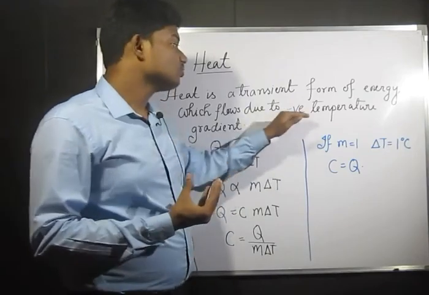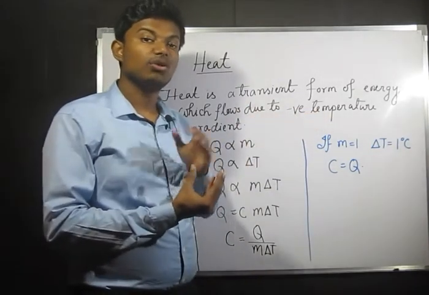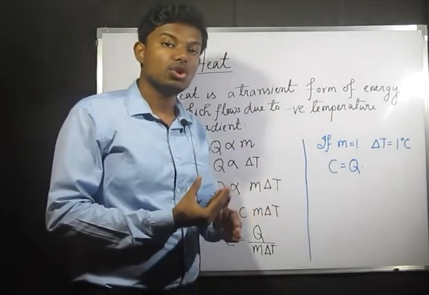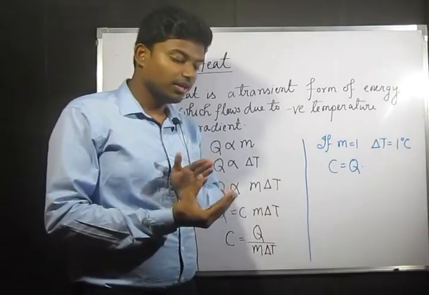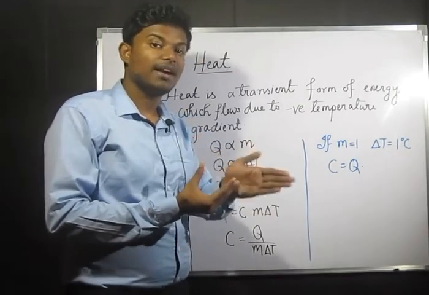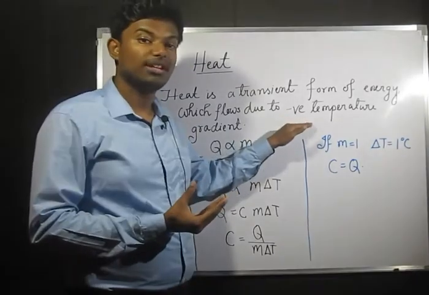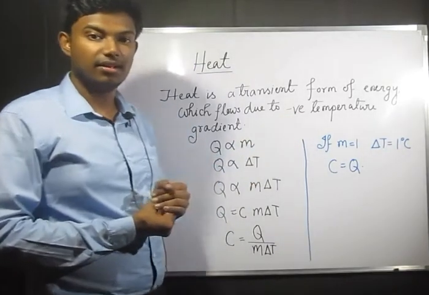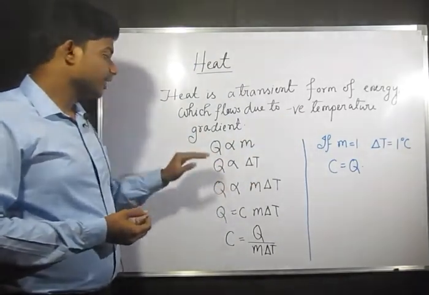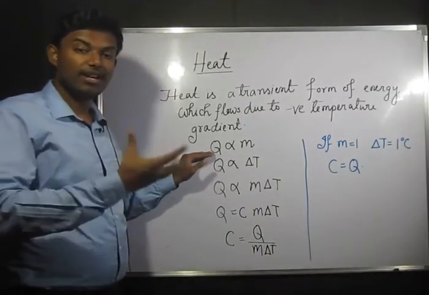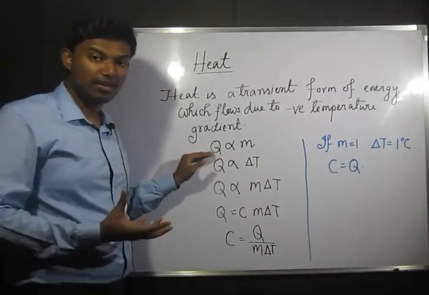Flowing due to negative temperature gradient means it always flows from higher temperature to lower temperature. The direction is always from higher to lower, that's why we call it negative temperature gradient.